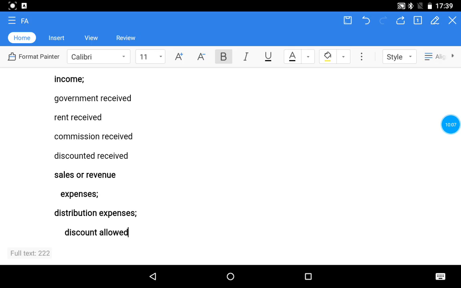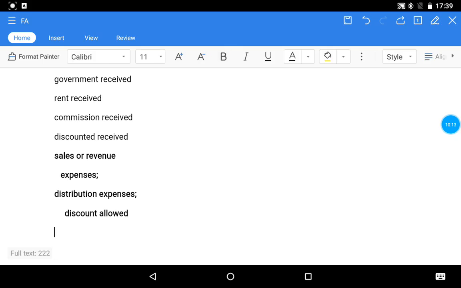Then you have transport. It is called transport costs, or carriage on sales. These are costs that you incur while taking what you have sold to the customer.